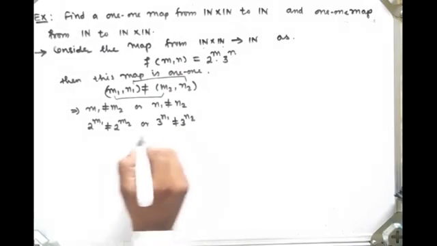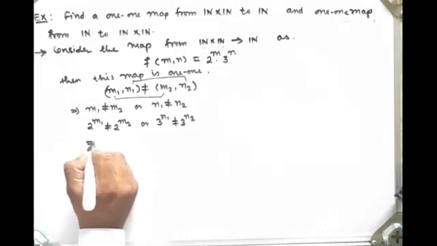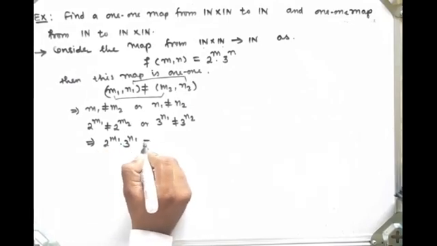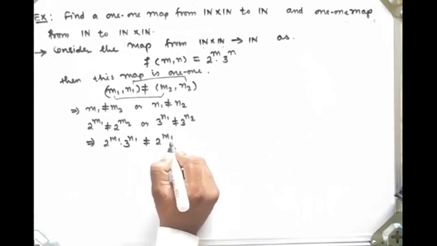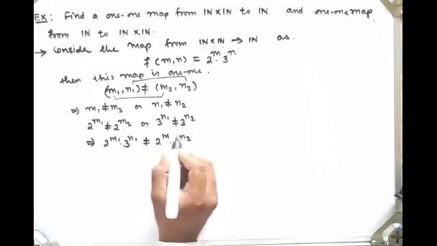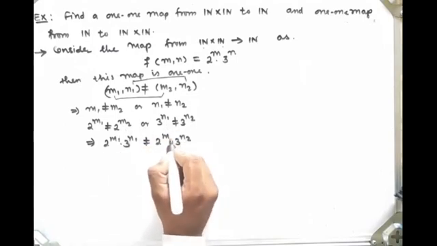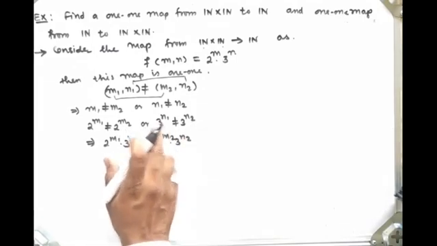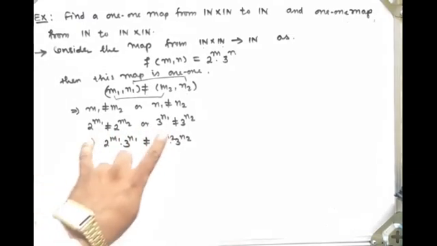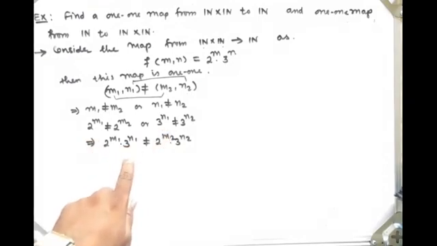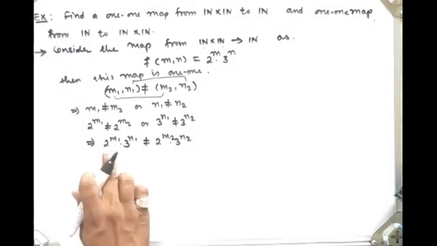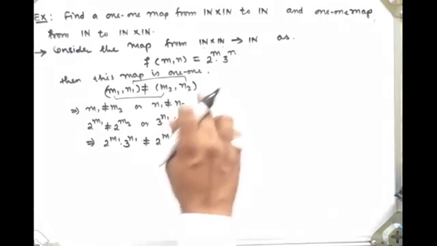So I will multiply component-wise. So what will I get? Here 2 raised to m1 into 3 raised to n1 not equal to 2 raised to m2 into 3 raised to n2. Sorry, this is m2 and n2. So 2 raised to m1 into 3 raised to n1 means what?